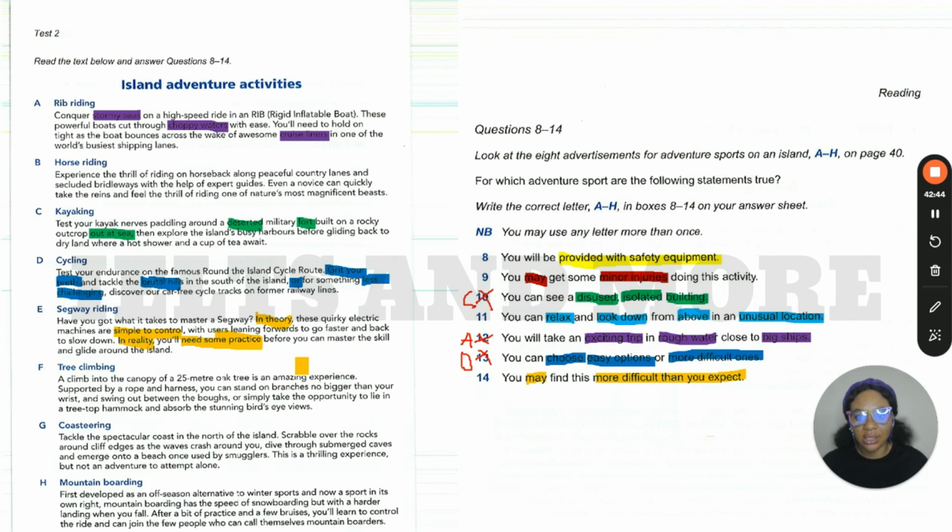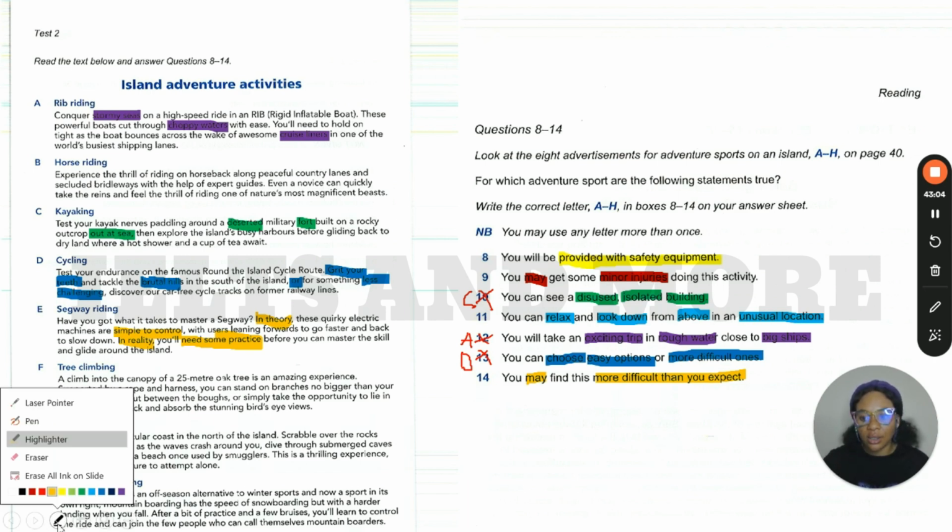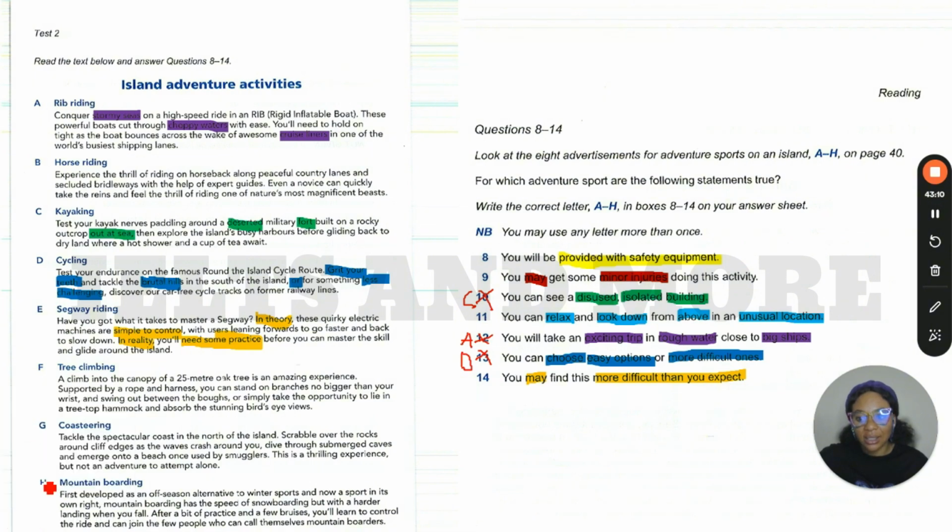You need some practice. So it's more difficult than you'd expect. That is just it. So number 14 is E. Notice that so far we've not really seen any paragraph that has answers to more than one activity.